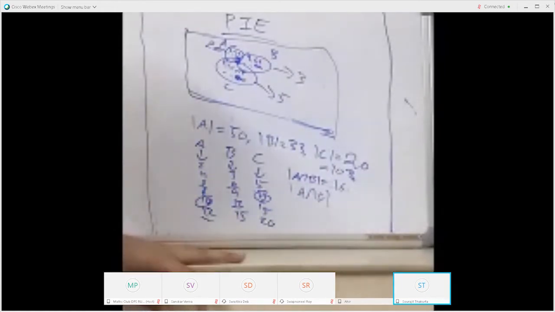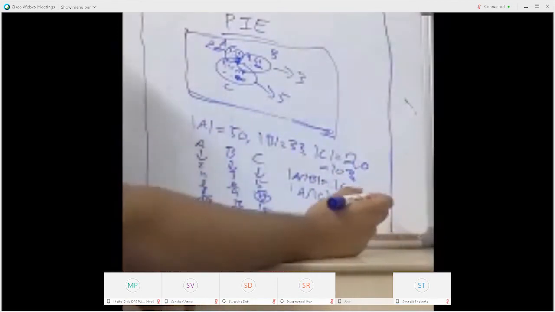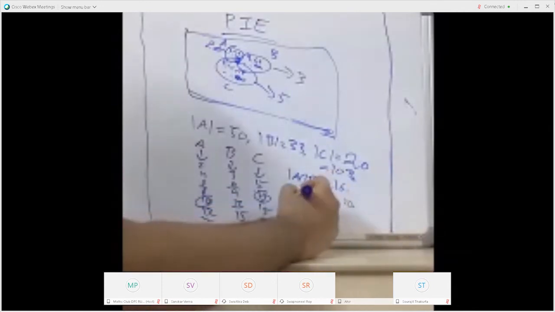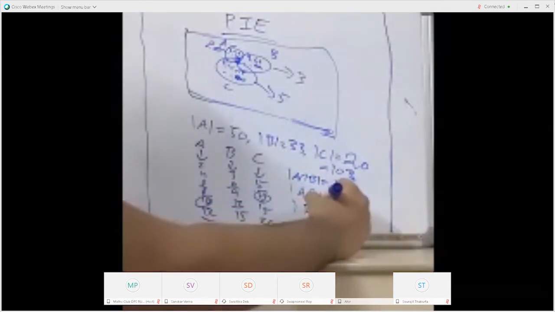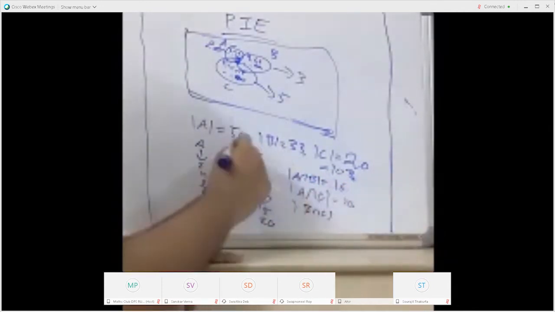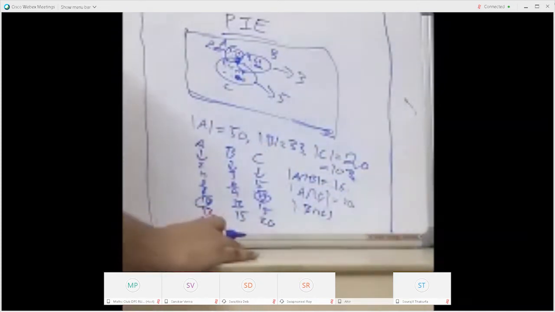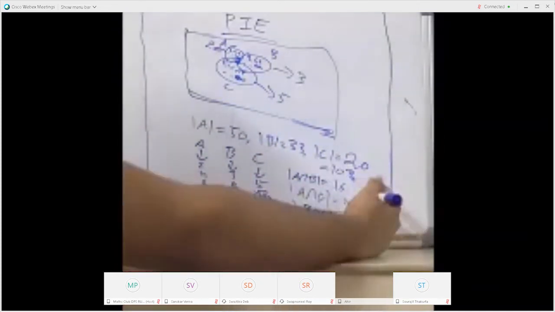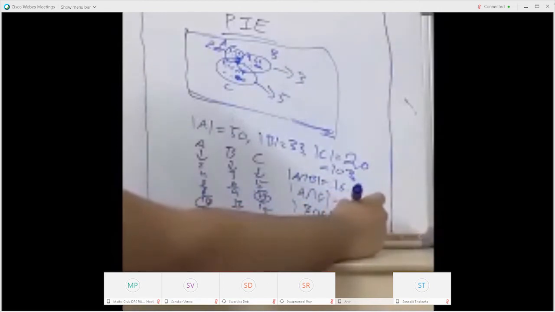Okay. So A intersection C is basically the multiples of 10. So we have 10 of those. And B intersection C, that is 3 and 5, the LCM is 15. So we have 6 elements there.